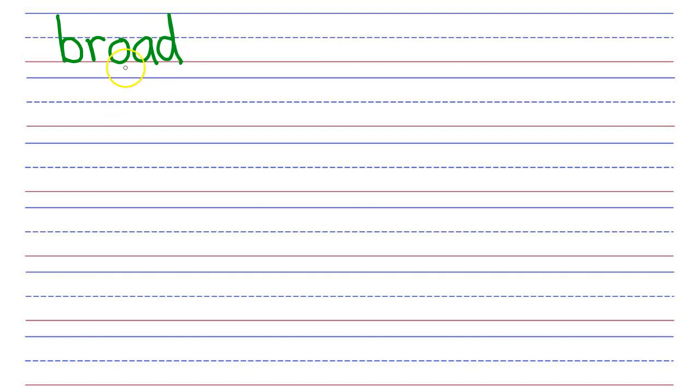And here, instead of the OA saying O, the OA says a short O sound, ah. So that is a sight word. B-R-O-A-D, broad. The road was broad. There were 4 lanes on the road.